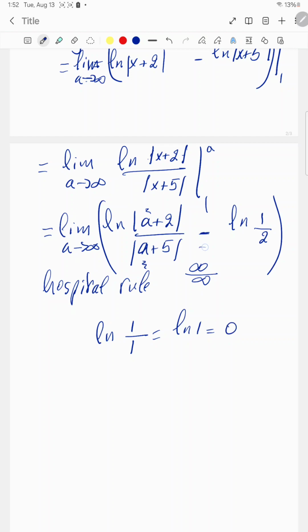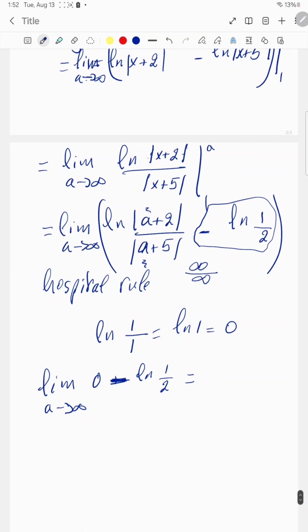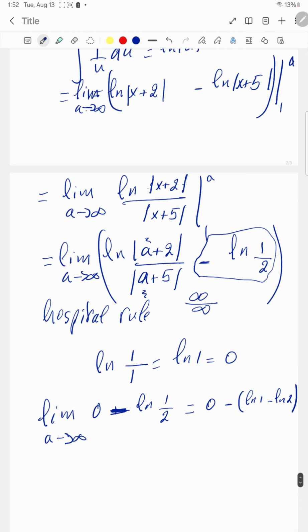But I still have this here, which was a constant. I have to add it. So the limit when a goes to infinity becomes 0 plus, minus ln of 1 divided by 2, which is equal to 0 minus ln of 1 minus ln of 2, because ln of 1 divided by 2, I can write like this.